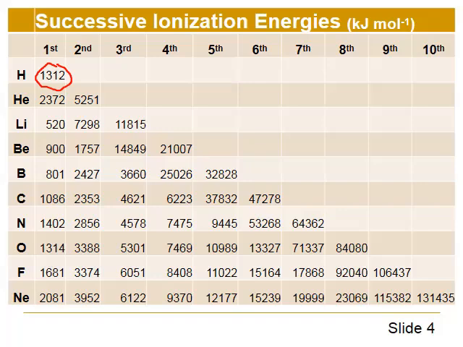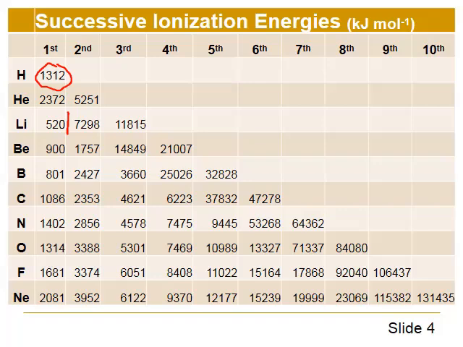Now, is there anything else we can see within all these numbers? Well, take a look at lithium, for example. Lithium, we go from 520 kilojoules. The price for taking away the next electron suddenly jumps, and it jumps after the first ionization energy. It jumps from 500 to about 7,000. Then it goes up to around 12,000.